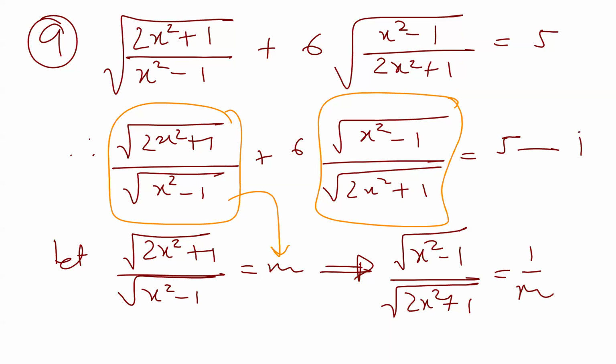So from 1 the equation will be m plus 6 into 1 upon m equal to 5.